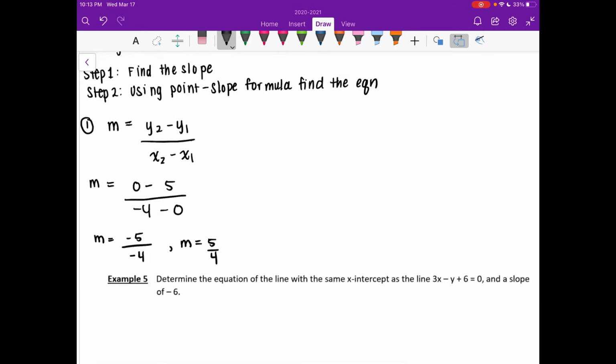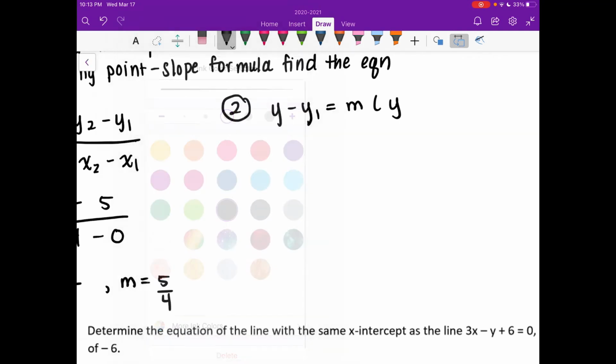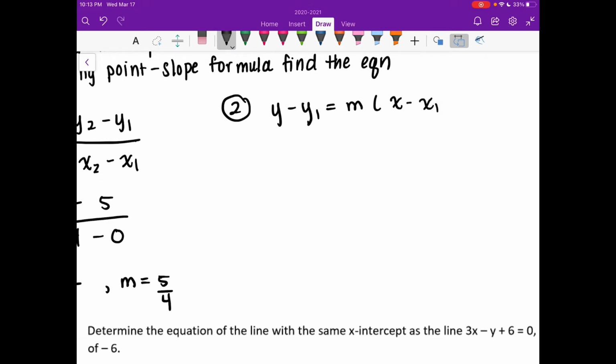Let's plug that back into the point-slope method. You can pick either one of the points. I'm going to pick 0 and 5 just because I like that point better. So y minus y1 equals m times x minus x1. Let's plug in our values.